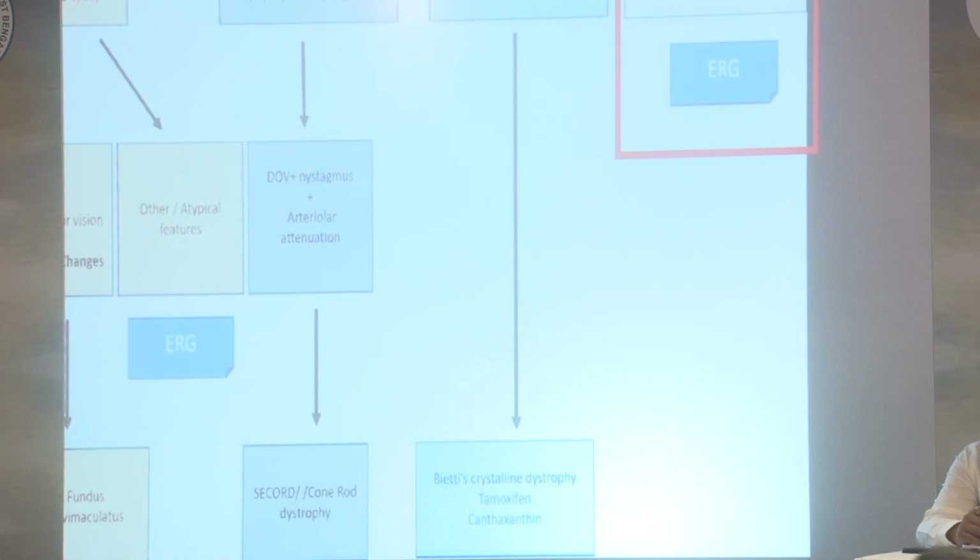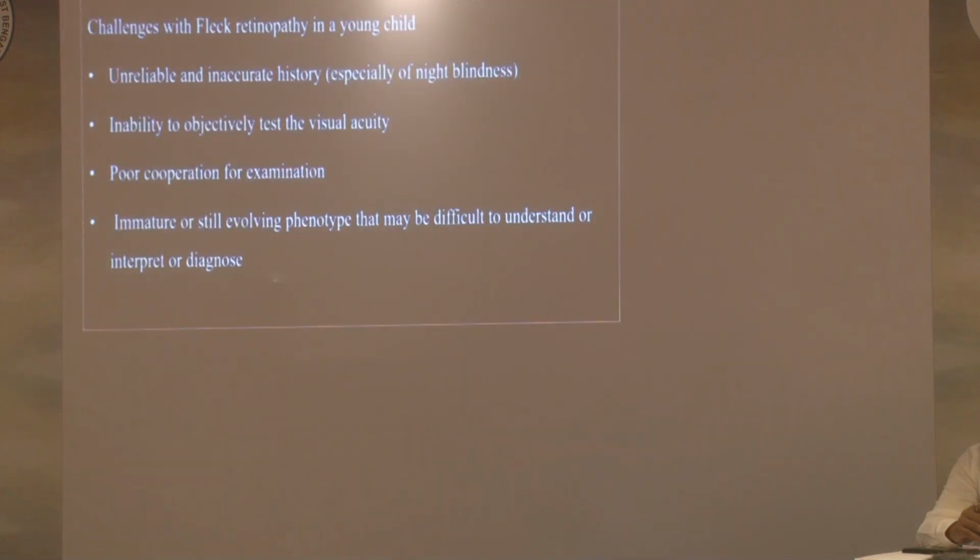In patients with poor vision and crystalline deposits, the phenotype itself gives you enough clues, so dependence on investigation is not required. And again, in the undetermined group, other than ERG, maybe systemic evaluation and genetic testing play an important part. Now, when dealing with children, we have the problem of unreliable history and maybe even evolving phenotype, which we do not understand right now. But what is important to remember is that many of these babies who are photophobic will have better compliance, you can take fundus images much easier than examine with your IO light.